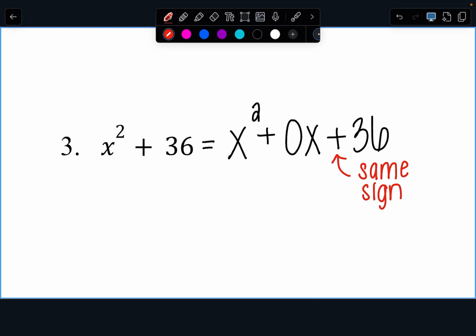6. But what's 6 plus 6? 12. So that doesn't get a 0. And the issue is because this is a plus sign. So there is actually no solution for this one because it is not factorable.